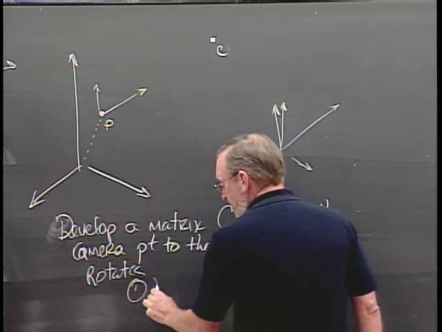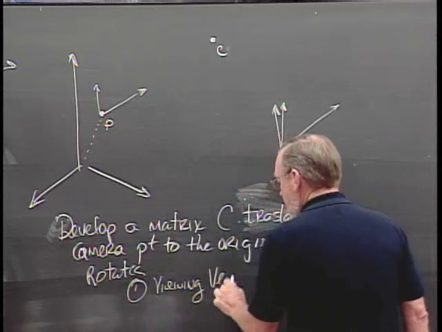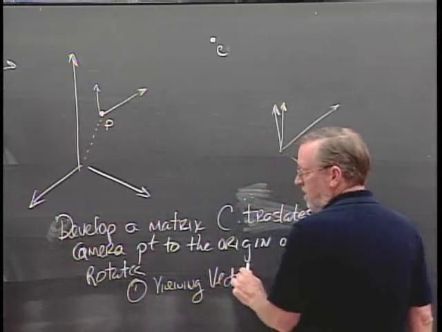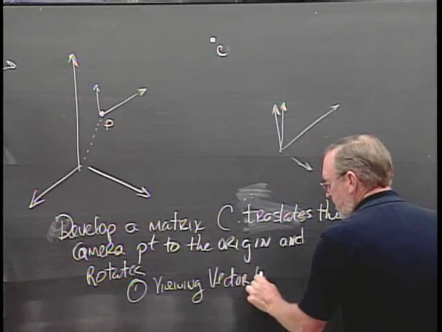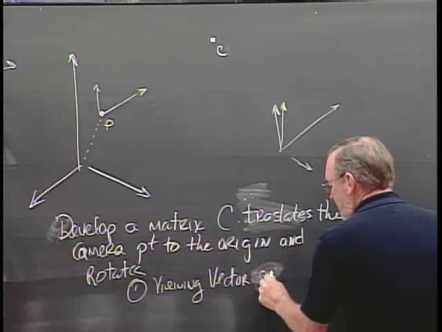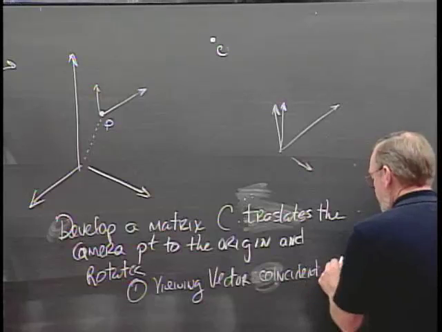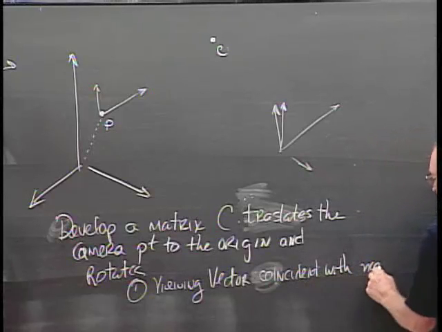One, the viewing vector, or the direction vector, is coincident with the negative z-axis.